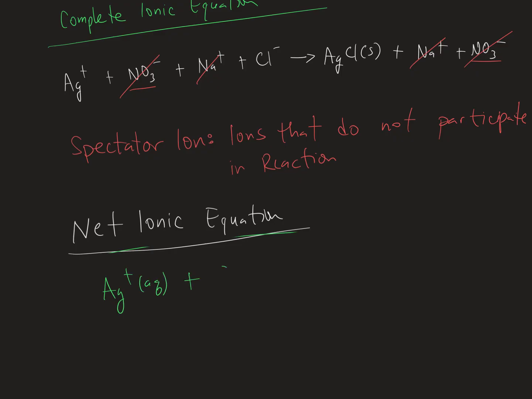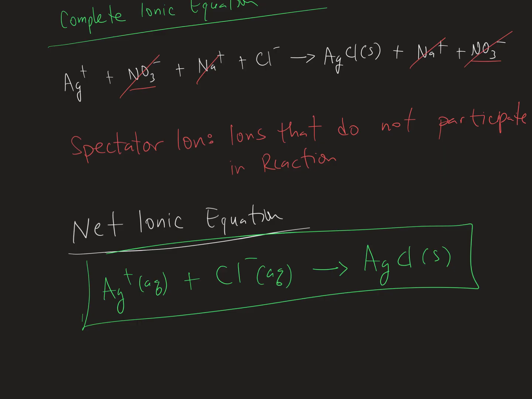And chloride in aqueous solution. And we get AgCl as a solid. Whew, that's pretty simple, right? Is it balanced? Then we're good. Make sure it's balanced.